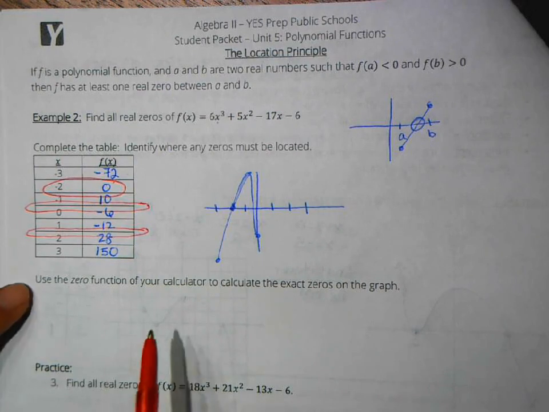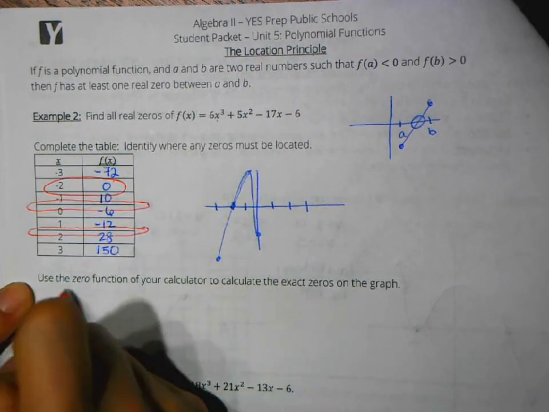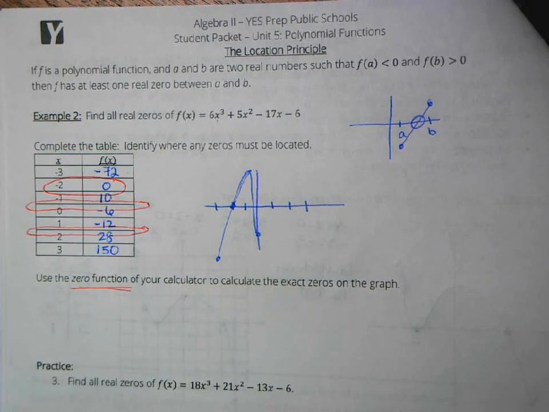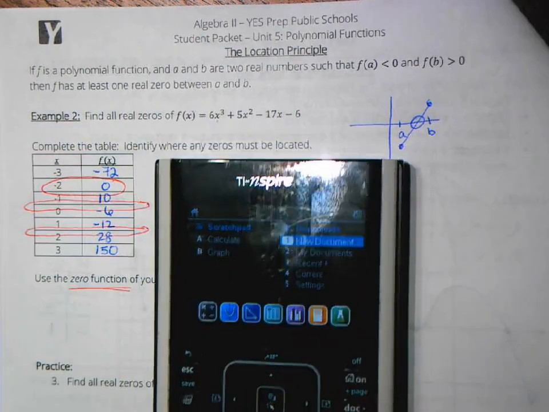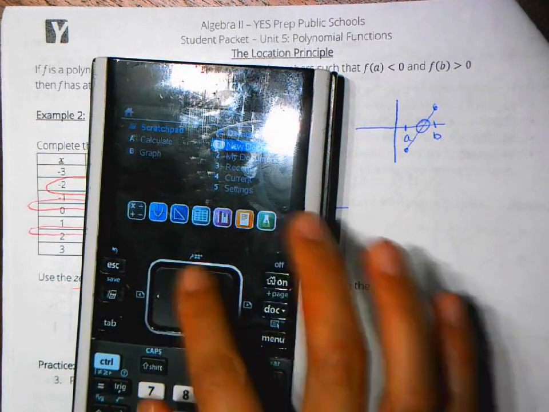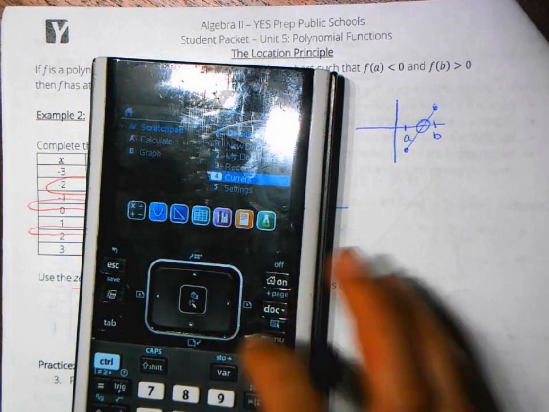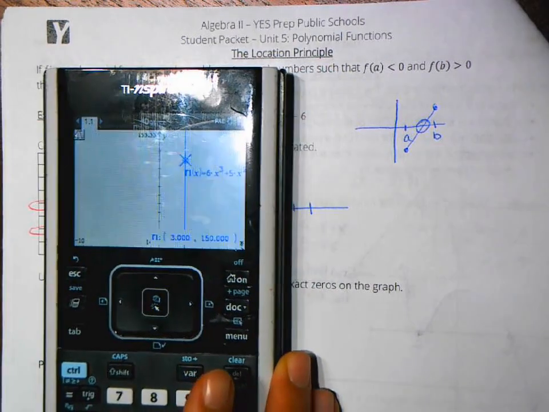Now, I can definitely graph this on my calculator and actually use the zero function of your calculator to find the exact zero on the graph. So here's my graph. Let's make sure that you're not getting the glare. I'm going to go to my current graph because that's what I used.